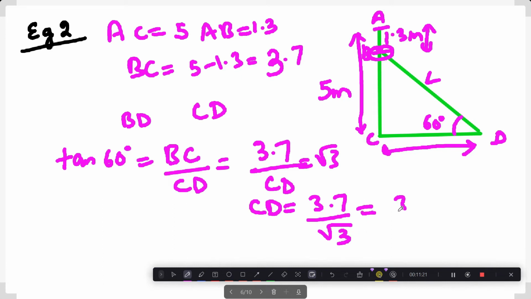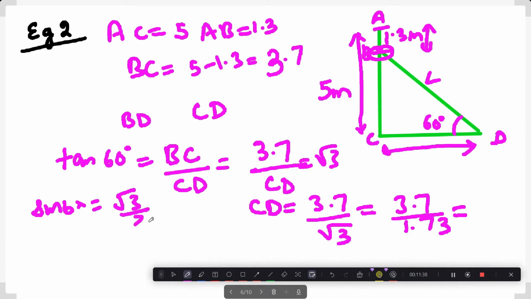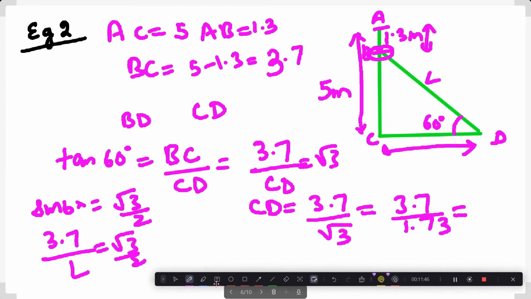Right? We have to find this out. In a minute, I'll do that. Similarly, sine 60, which will be root 3 by 2, which will be 3.7 divided by L is equal to root 3 by 2. So L is basically the length of the ladder.